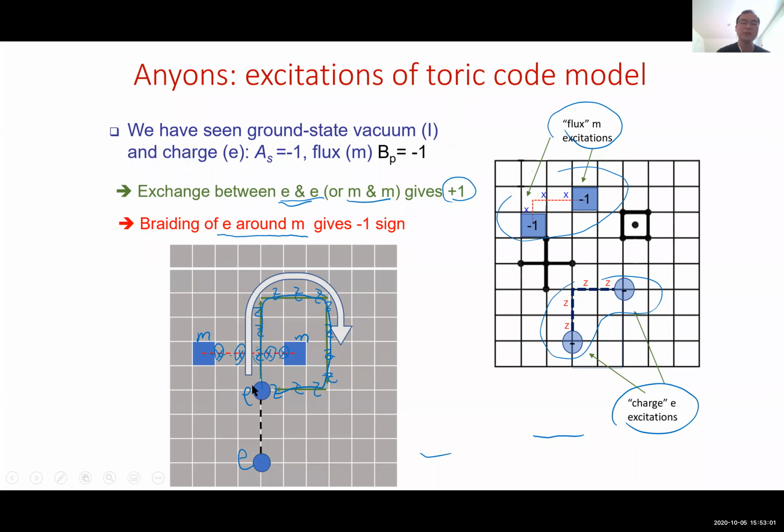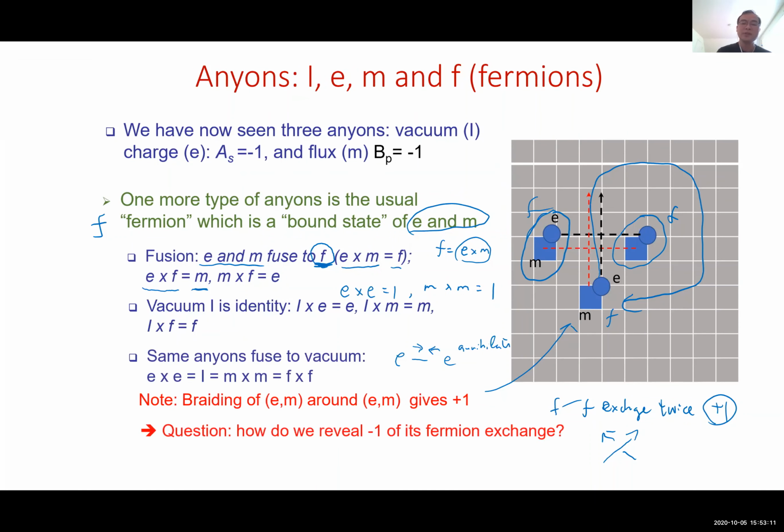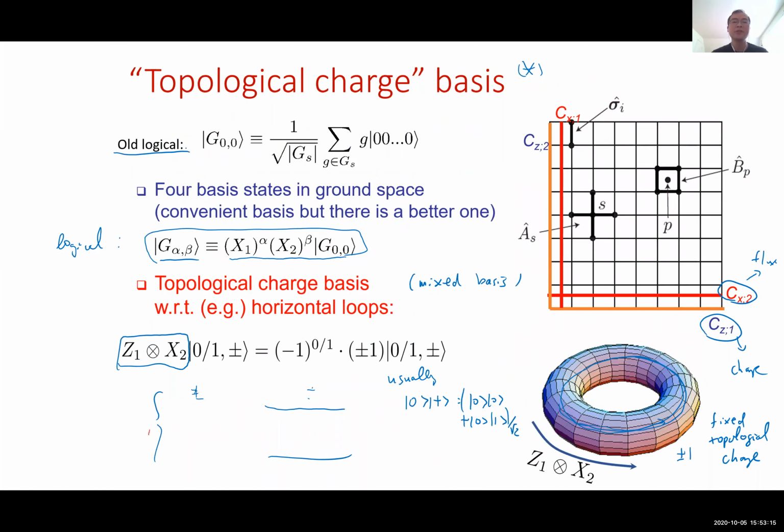It comes back to your original configuration, but there is a minus sign. This is the mutual statistics. But to get the self-statistics, we need to go a little bit further, to consider the Dehn twist. And there we have to introduce these topological charge bases. Although this is an advanced topic, the idea is really simple in terms of a basis change. We were using the 0, 1 basis, now we use 0, 1 and plus, minus mixed basis.